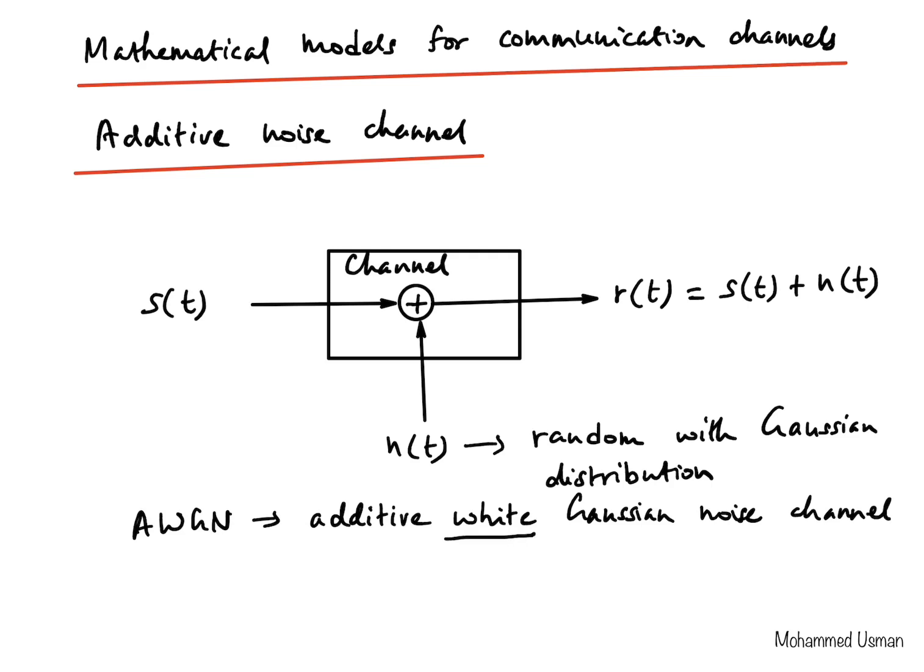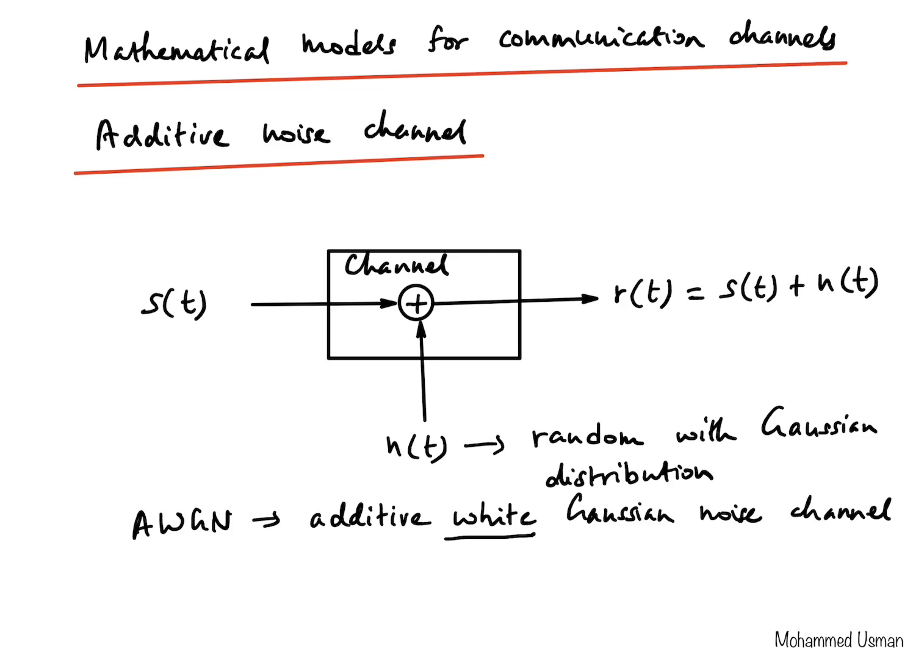Okay, the white term comes from the fact that the power spectral density of Gaussian noise is flat. So flat means it has all frequency components in equal proportion. So therefore we also call it white. And typically the additive noise channel is referred to as the additive white Gaussian noise channel because the random distribution for the noise samples follows a Gaussian distribution, and the power spectral density is also flat, so we call it an AWGN channel.